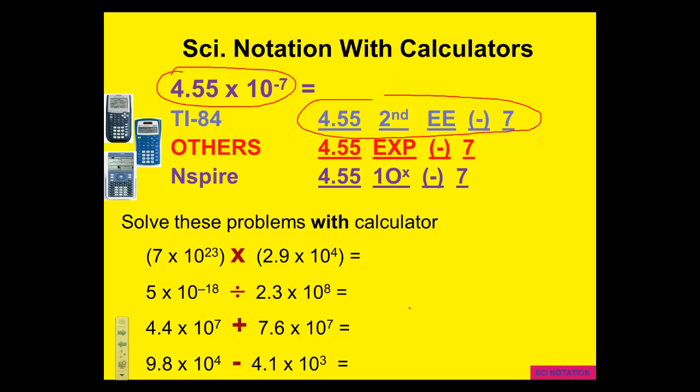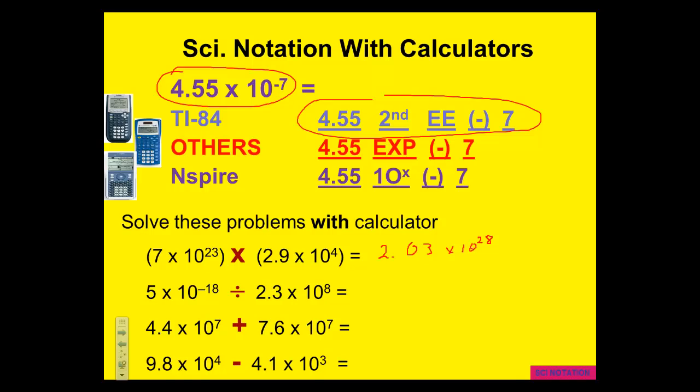And then I'm going to multiply by 2.9, second, EE, 4. Answer is 2.03 times 10 to the 28th. So take a look at your calculator, make sure that you understand how it's written. It might say EXP or it might say EE here, something or other.